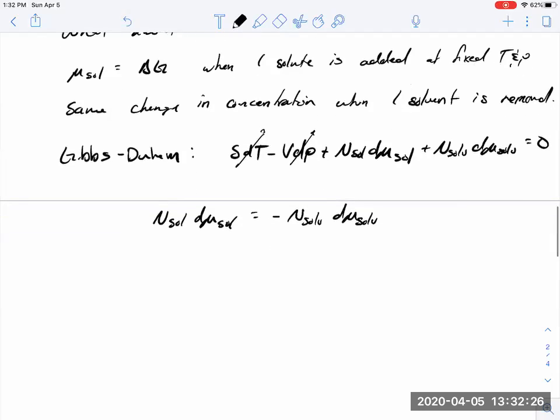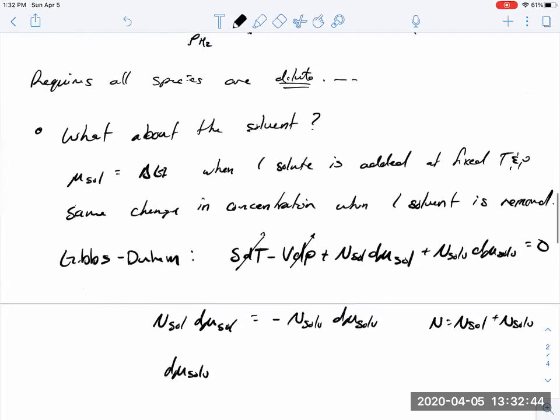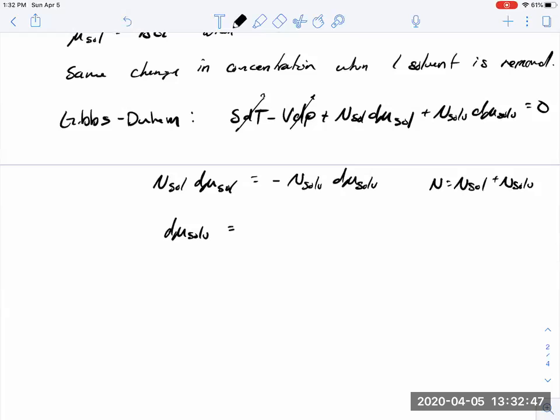If I divide through by n, which is the total number of particles, solute plus solvent, I could find a relationship for the change in the solvent chemical potential in terms of the solute and solvent mole fractions, where those have to sum to 1.